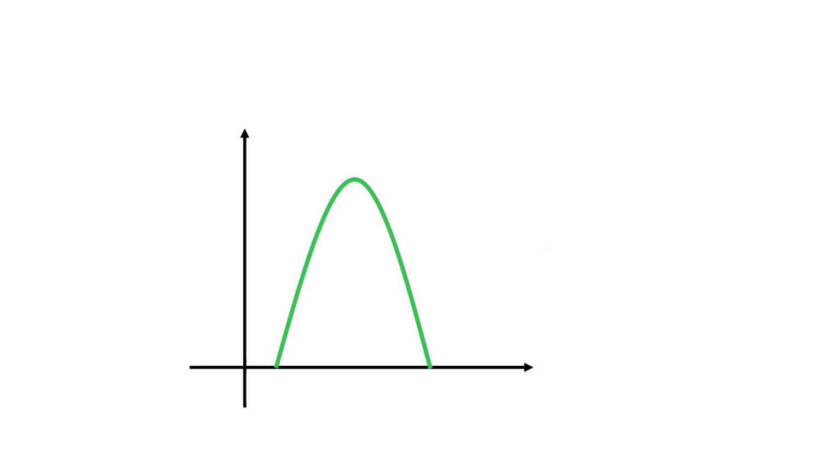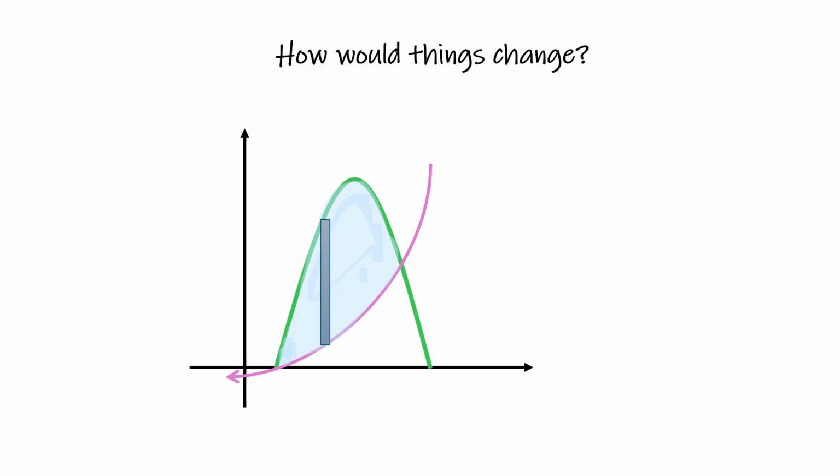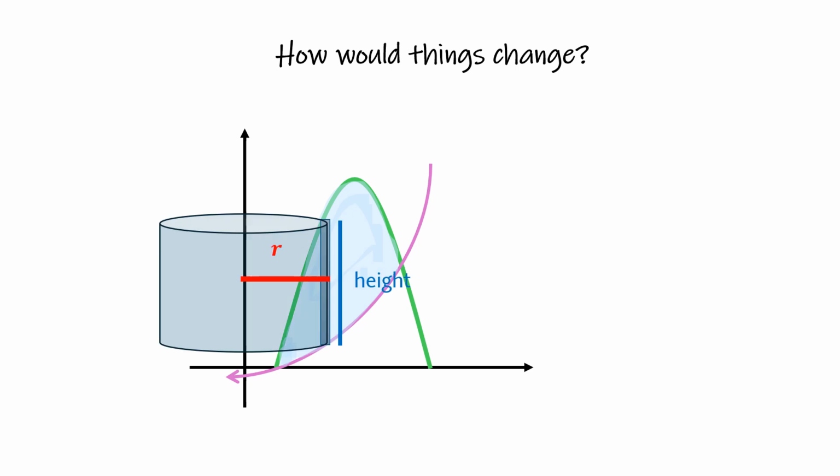And just one quick note, we had this graph, but what if we had this other graph below it? And our region became this area right here. How would things change? So let's take a cross section and rotate it around to get our cylinder. And throw in our radius and our height. And our radius is still the same. It doesn't really change. It'll still be the y-axis to the rectangle, which is x. So our width is still 2 pi x.